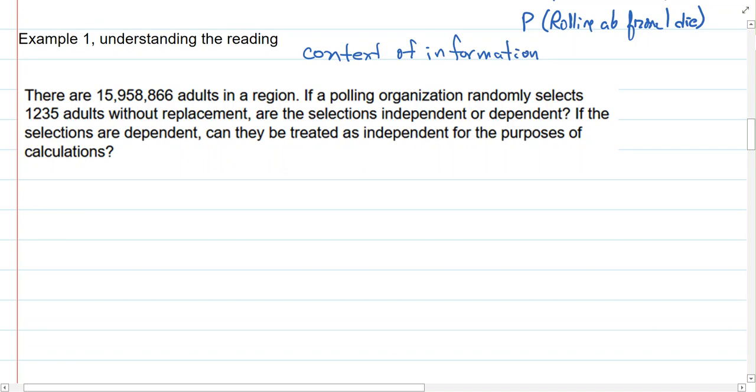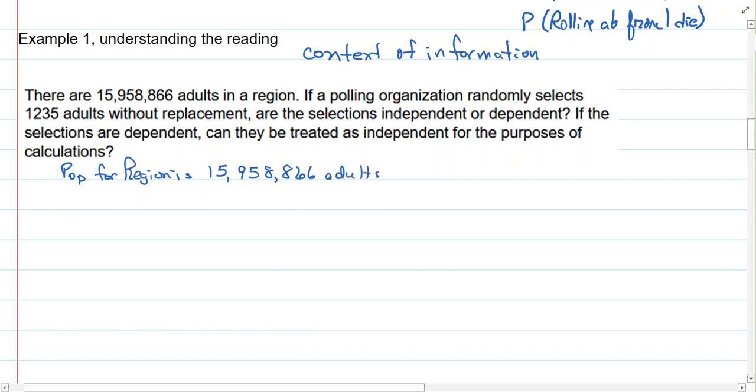There are 15,958,866 adults in a region. So our population for a region is 15,958,866 adults.